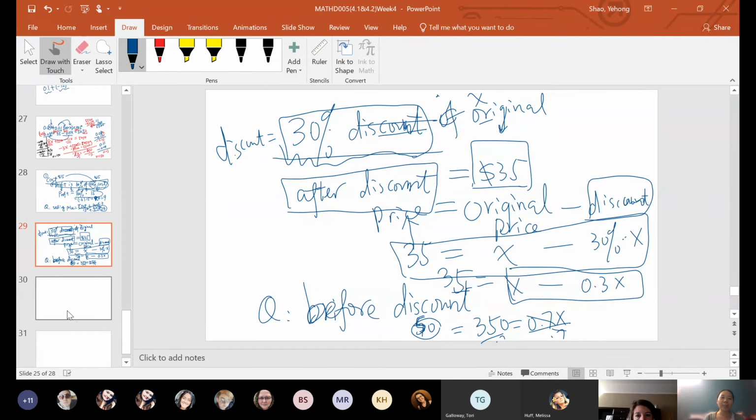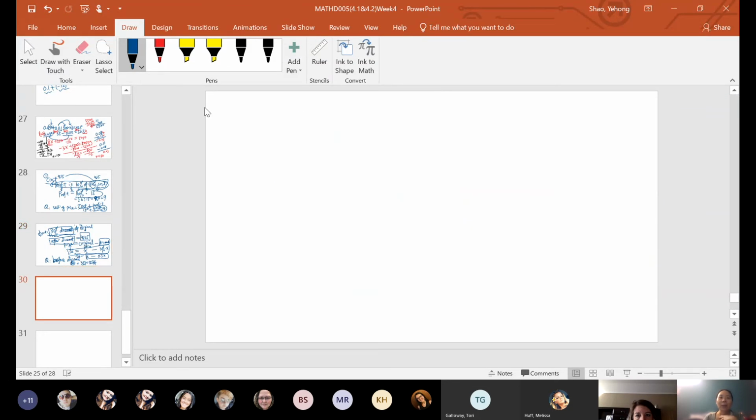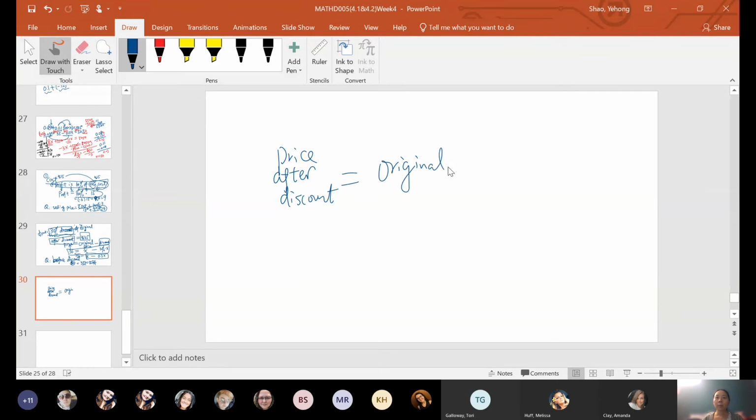Let me, this is a little messy, so let me rewrite it. This is like my thinking process. So when you actually do the problem, what we need to know is that the price we paid, or price after discount, is equal to the original price minus the discount price, how much money you saved.